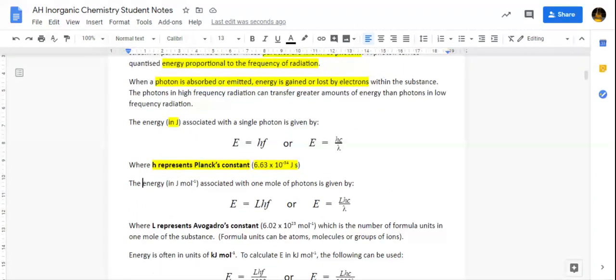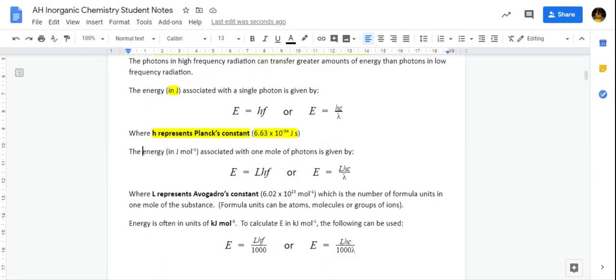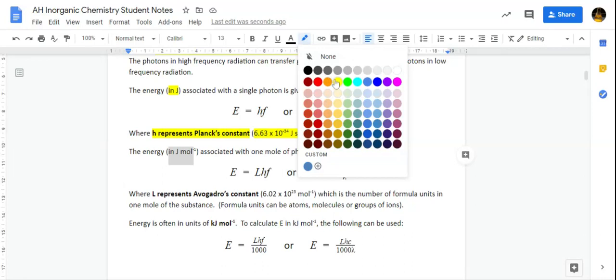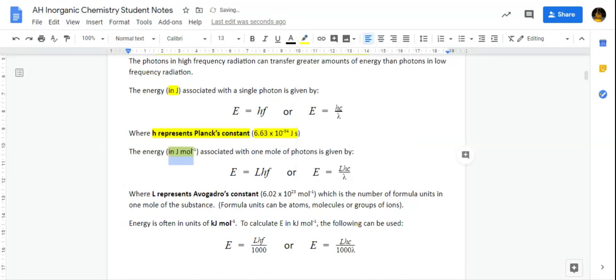Now, because we're chemists, we like to work in moles rather than single photons. So to calculate the energy in joules per mole, we can do E equals L times h times f. This L represents Avogadro's constant, and it has a value of 6.02 times 10 to the 23, again on page 22 of your booklet.